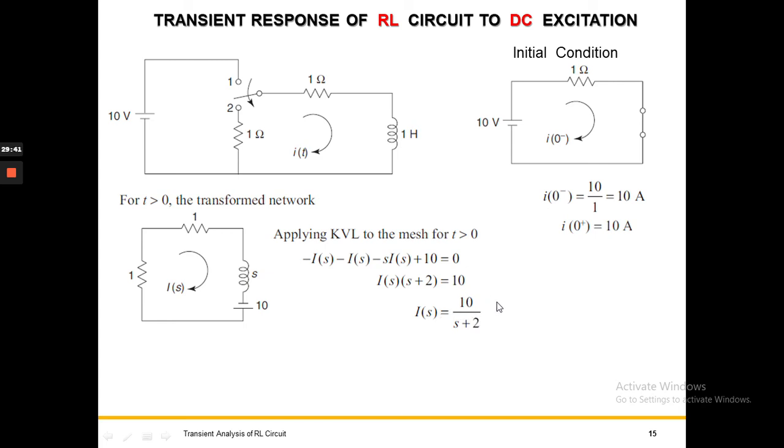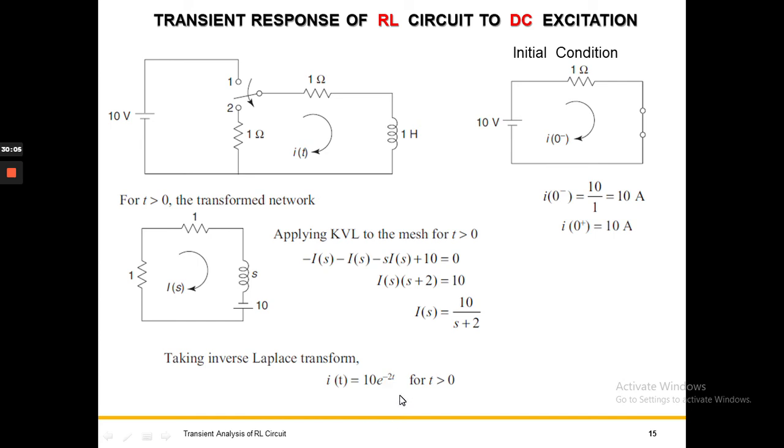This is in the form of 1 by s plus a, that is e raised to minus at. Okay, so you have to take the inverse Laplace transform. So inverse Laplace transform of 1 by s plus a is e raised to minus at. A is 2. Okay, so you will be getting the expression for current through this loop after the switch is taken from 1 to 2. Okay, so this is exponentially decreasing.